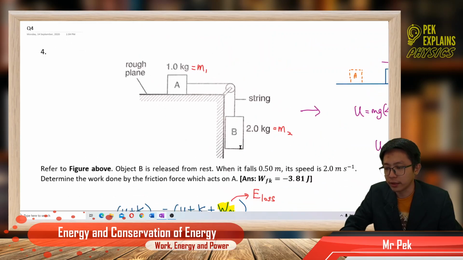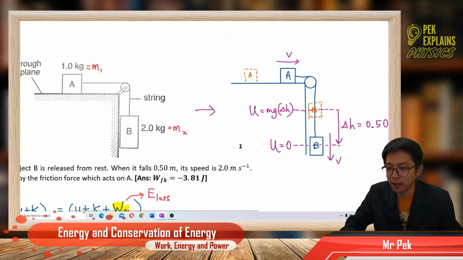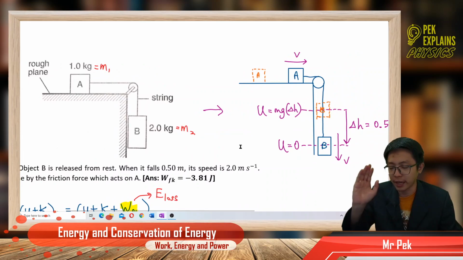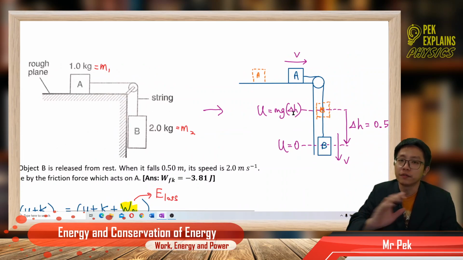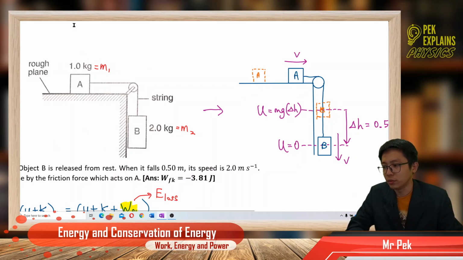Now, let's identify the energy that exists in the initial condition and also the energy that exists in the final condition. So what energy exists in the initial condition? This is the initial and this is the final.